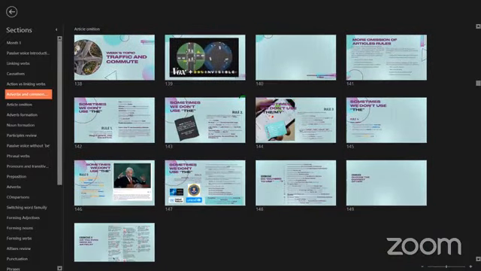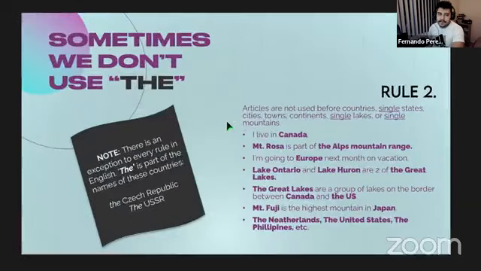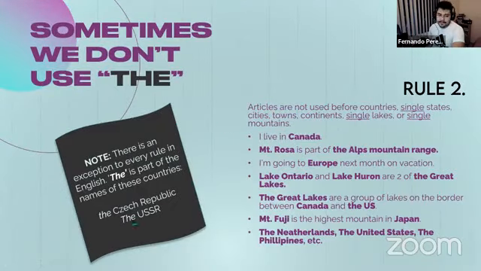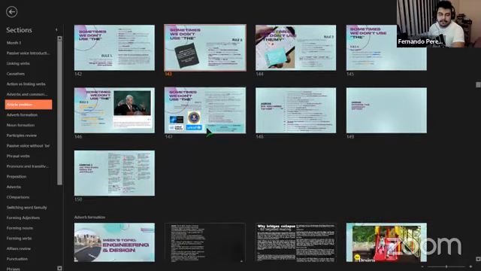The third topic that we saw was articles. When we use them, when it's necessary to say them, when it's not necessary, and the corresponding rules.